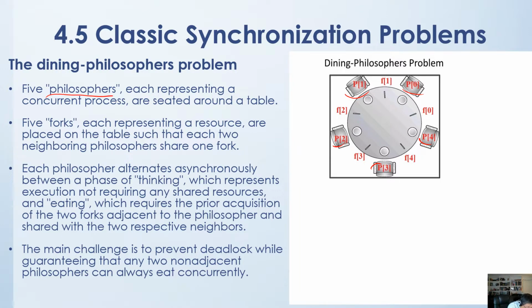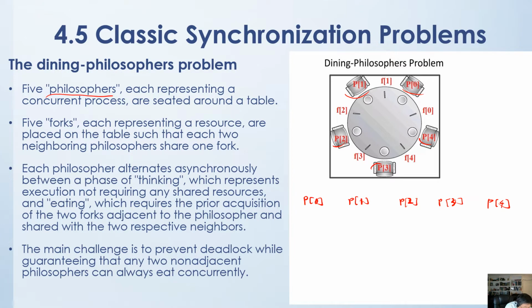So you can think about 5 philosophers, and it starts from P0, P1, P2, P3, and P4. Each represents a concurrent process.